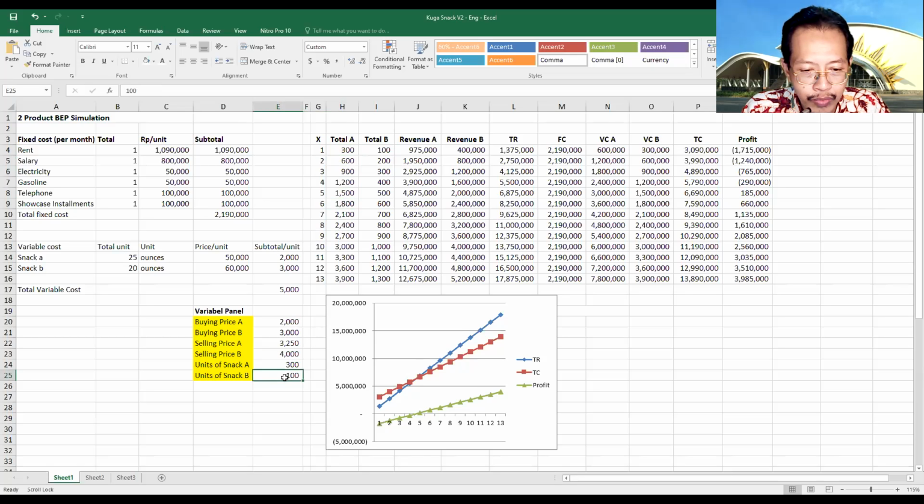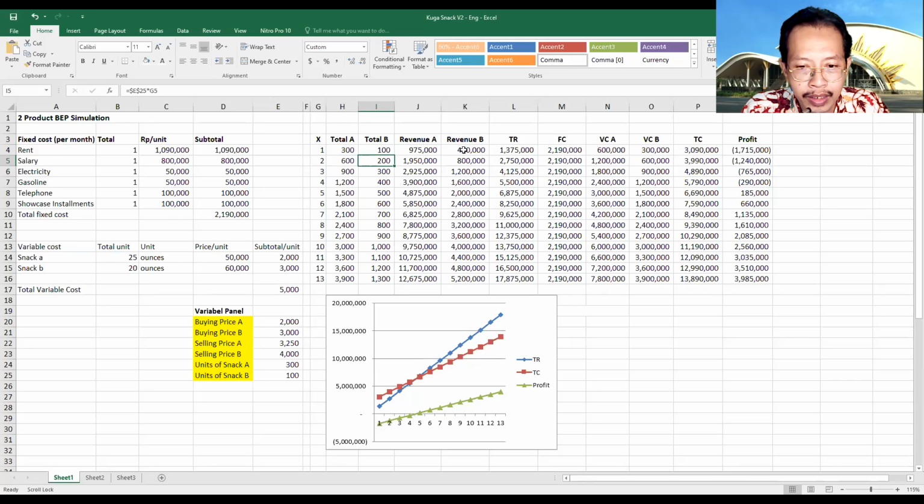The addition would be 300 for snack A and 100 for snack B. So you can see here snack A, the increment increase is 300. I'm using a formula. Look here, I'm using a formula. So I only need to write just one formula for the first line, and then later on, no need to write anything. Okay, here, B increases 100.